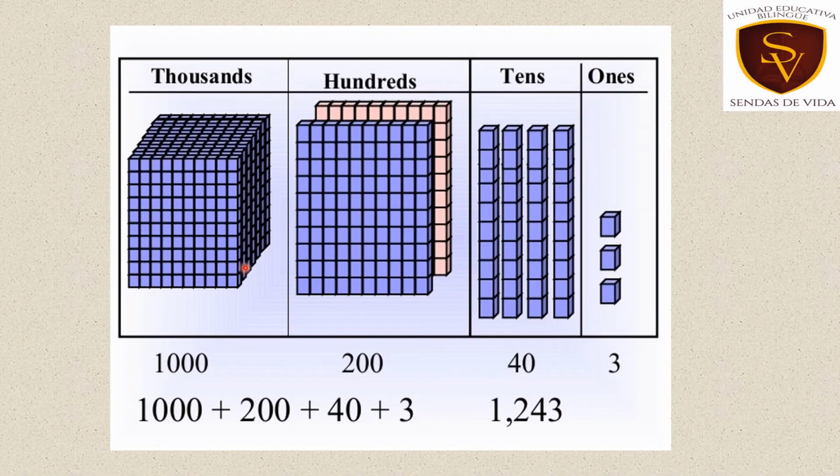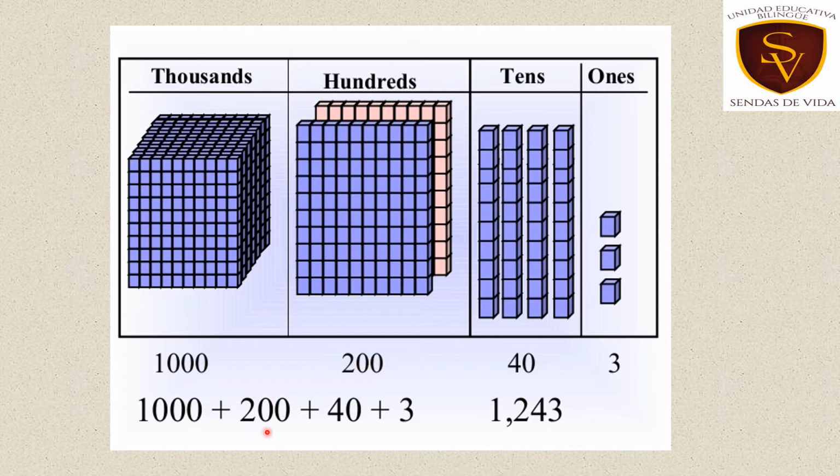Now, look at this. One more time, we have this big cube. This cube represents 1,000. So we write down 1,000 here. Over here, how many hundreds do we have? 1, 2. 2 hundreds. Good.